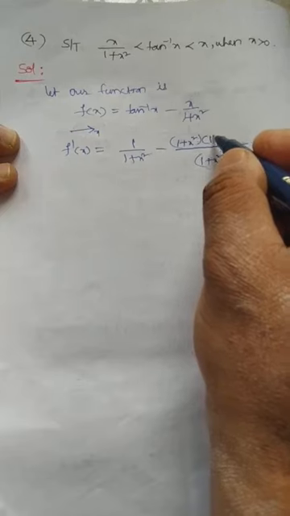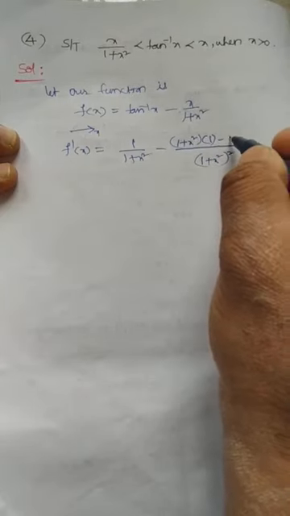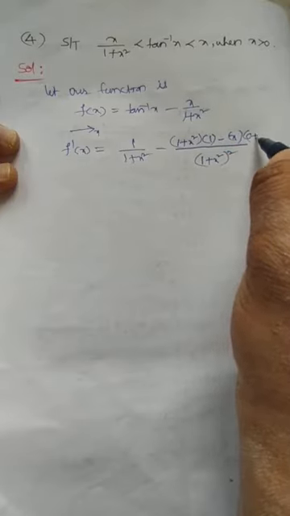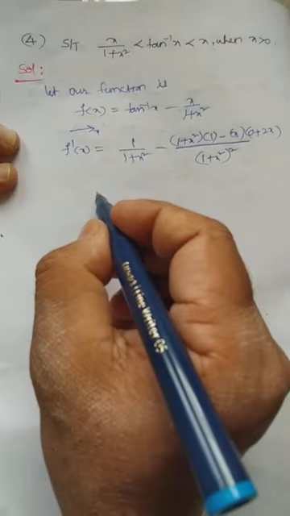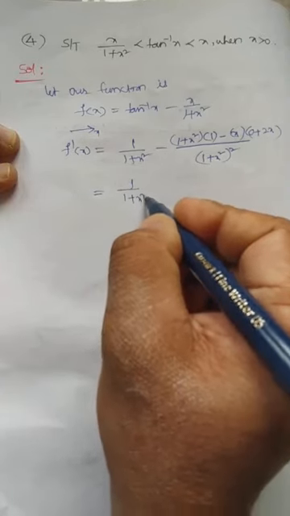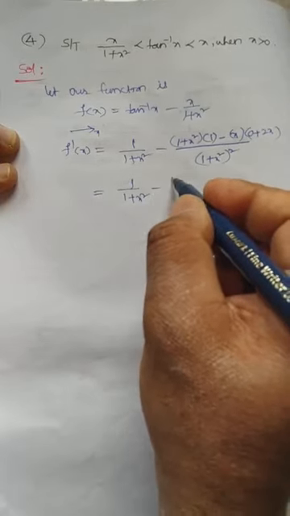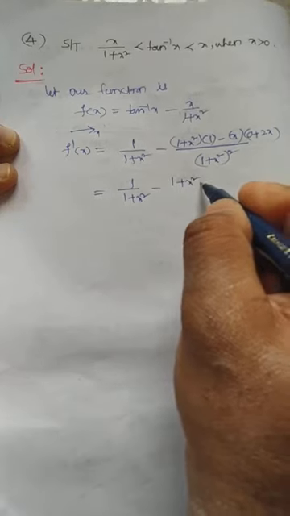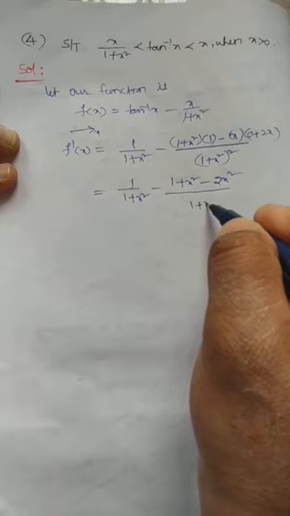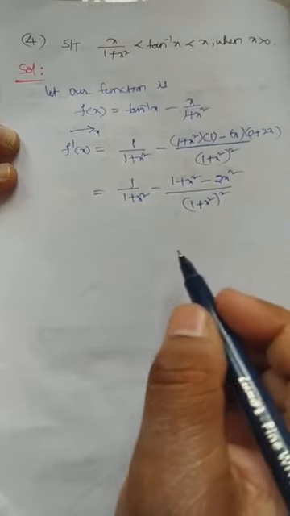U derivative is 1, u remains the same, v derivative is 0 plus 2x. So what I got here: 1 by 1 plus x square minus 1 plus x square minus 2x square by 1 plus x square whole square.